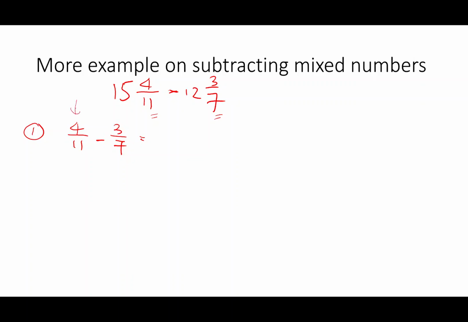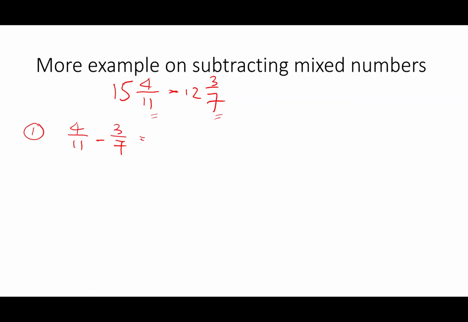If it's larger, then it's all sweet. We can do the subtraction straight away. If the first fraction is smaller than the second one, remember we need to borrow 1 from the whole number part. So how to test the two fractions, which one is bigger?